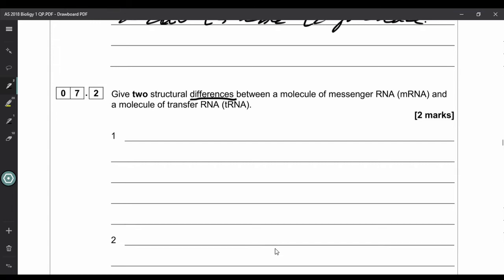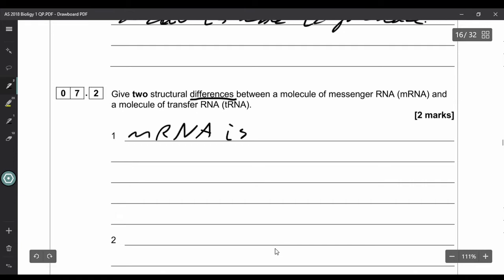So for example, mRNA is linear, but that's not enough to get the mark. Yes, mRNA is linear, but you've got to say how it's different to tRNA. So you could say mRNA is linear, but tRNA is cloverleaf.